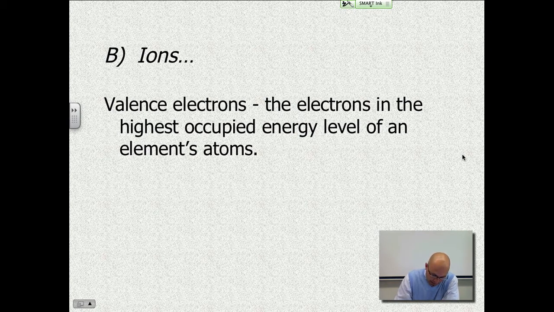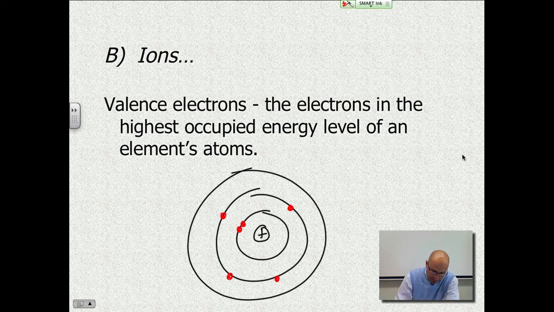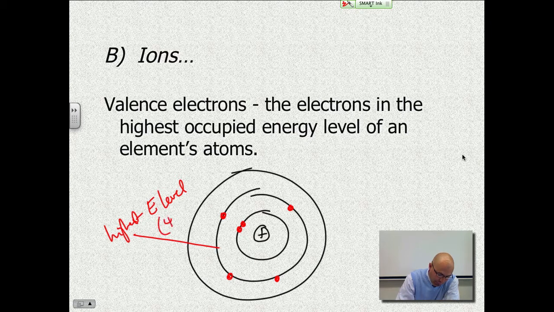So again, if we thought that this was our nucleus in here, and we had energy levels, right? And we had some electrons moving around kind of like this. If I stopped right here, this is the highest energy level, and therefore there would be 4 valence electrons.